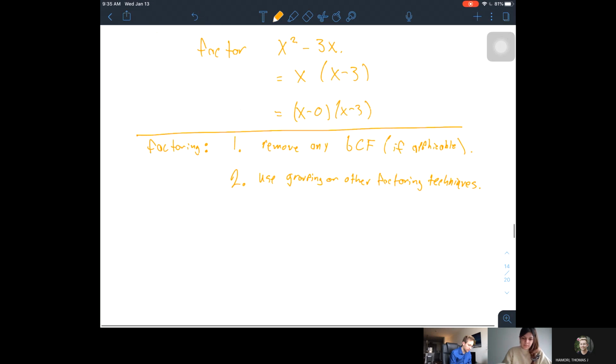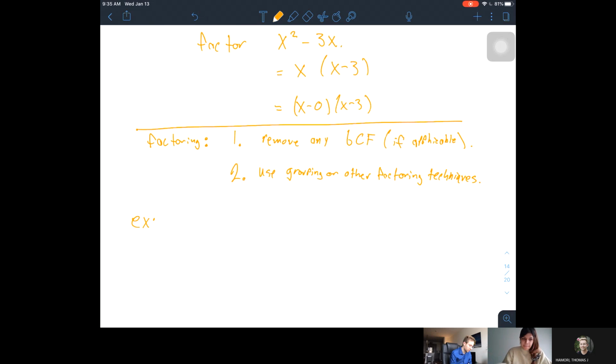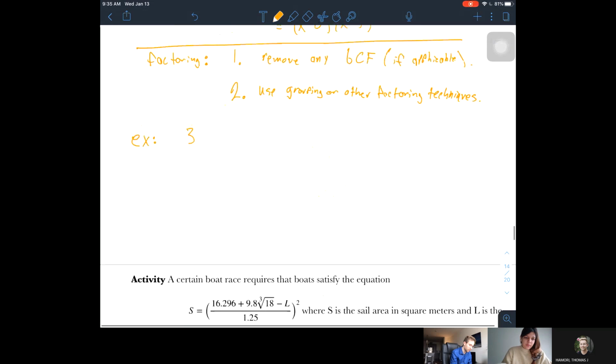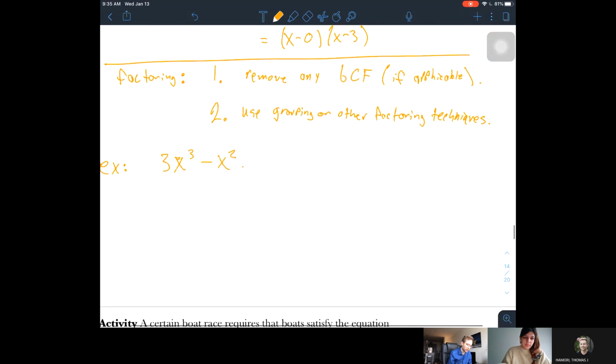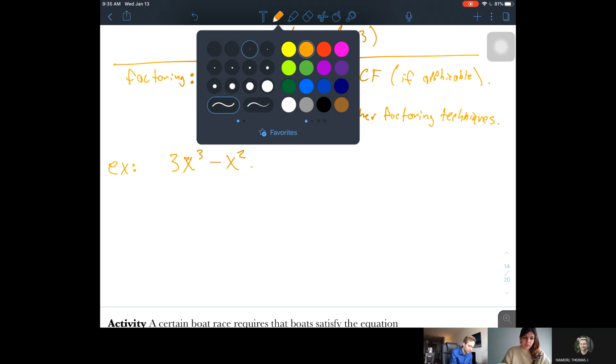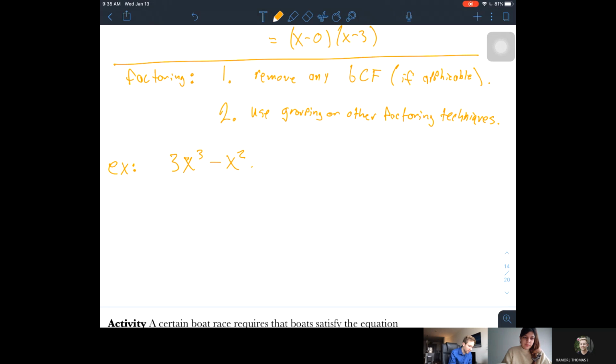Okay, so let's use your example, which was 3x cubed minus x squared. The first thing that we want to do is remove a greatest common factor, which means that we should search for the most complicated thing which can be divided out of both of these two terms evenly, which, as you said, is x squared.